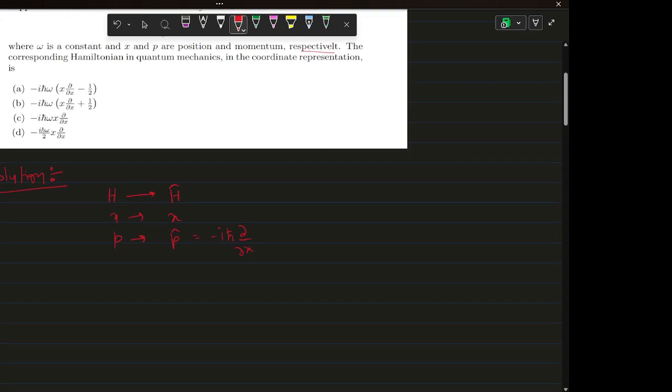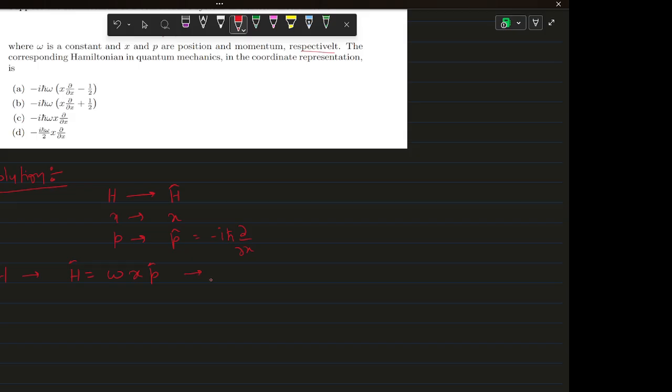So let's check it. Just first we write it: ω x p cap. This is the quantum mechanical Hamiltonian. Okay. So what is the property of quantum mechanical physical observables?